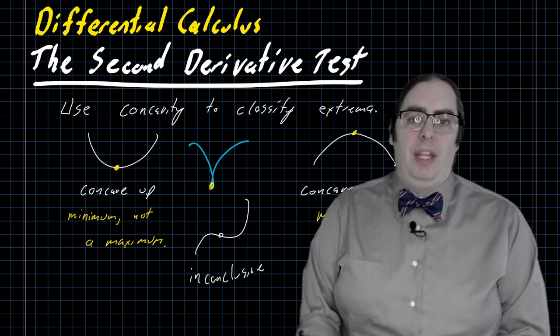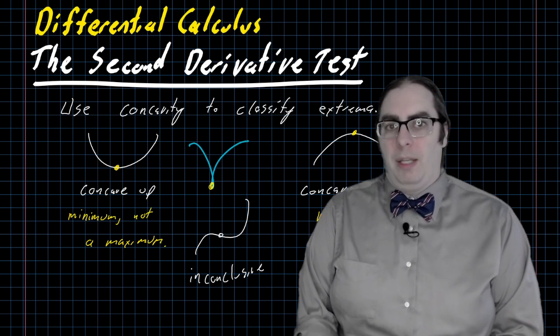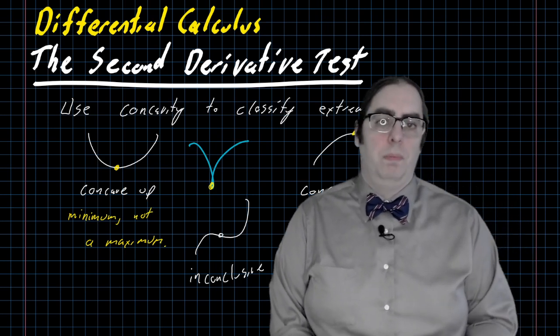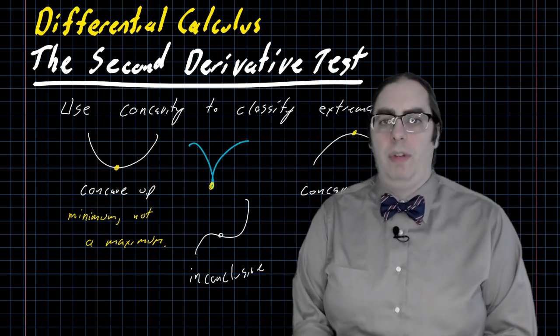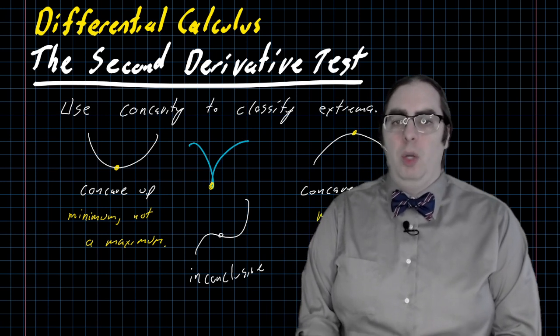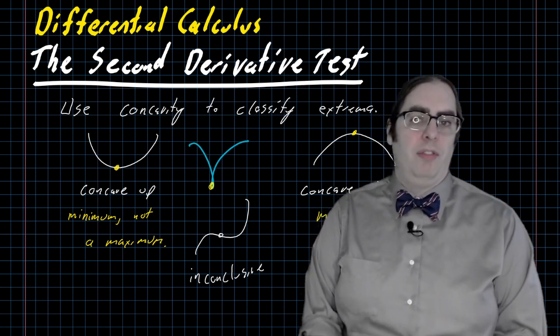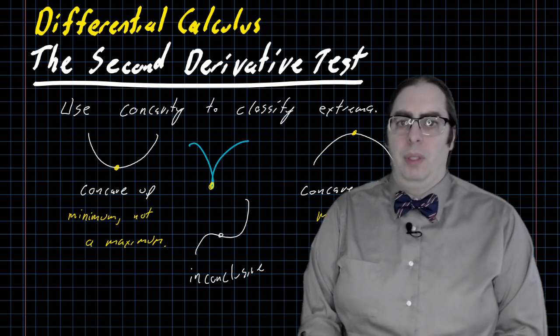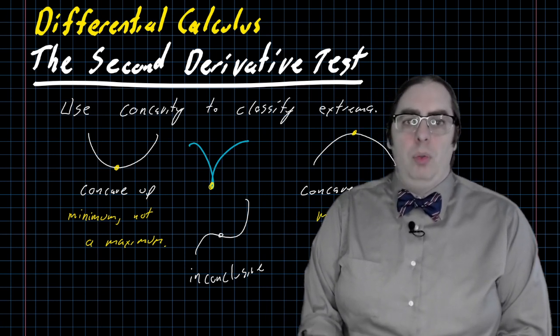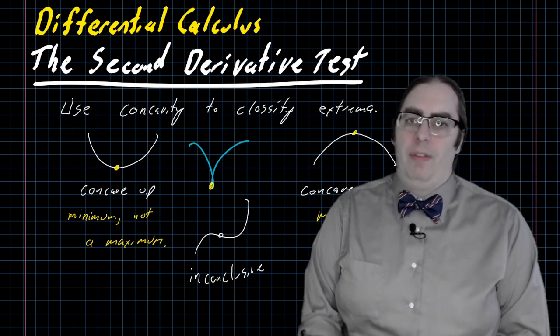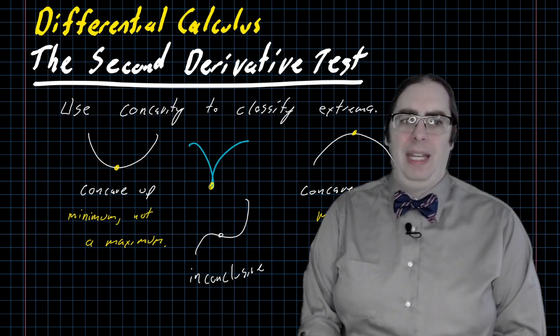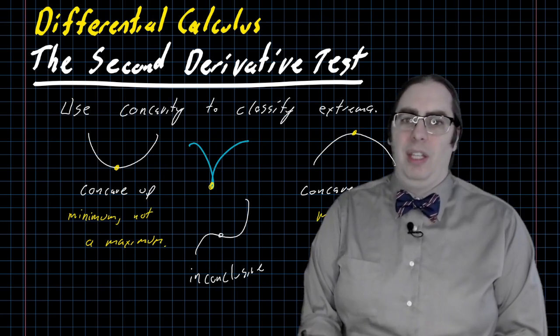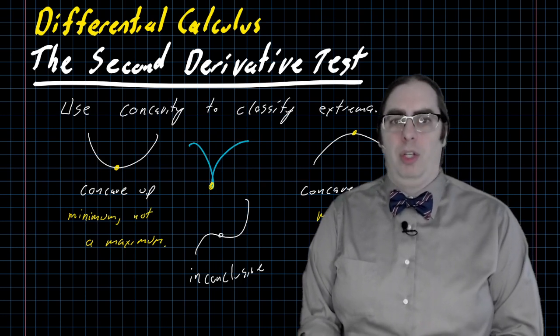It turns out that it's fairly simple to program a computer to compute the first derivative and second derivative numerically, which means that the second derivative test is fairly simple for a computer to handle. But if you don't already have the second derivative and you're trying to work things out by hand, the second derivative test is often not the best way to do things.